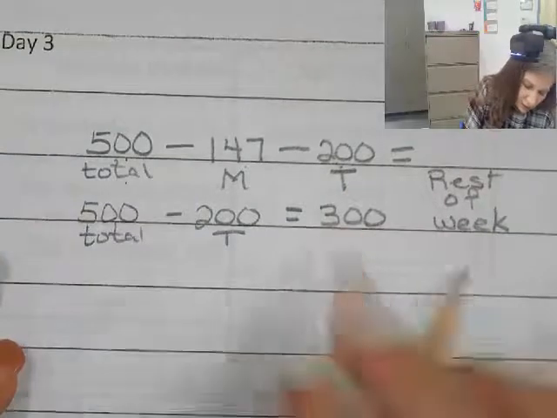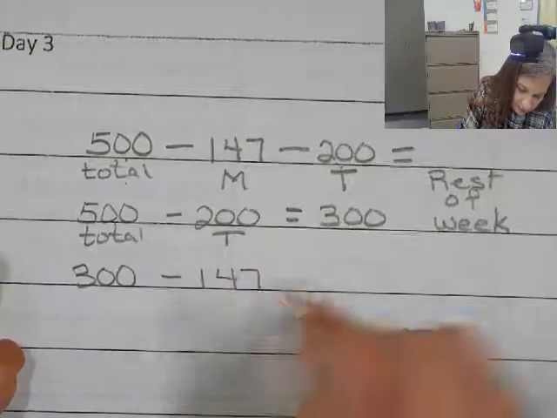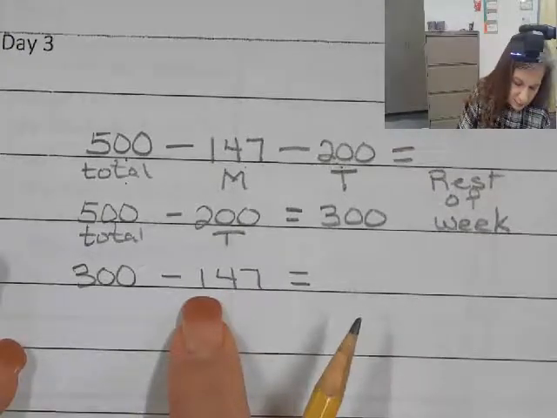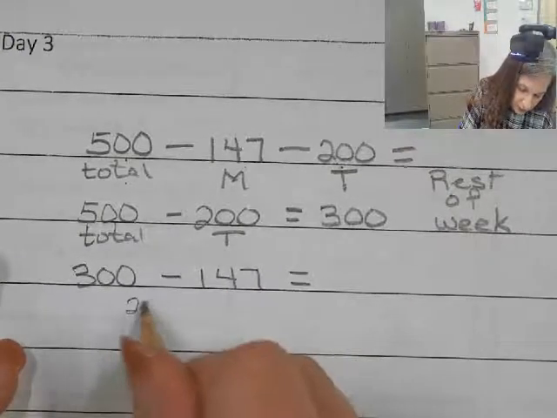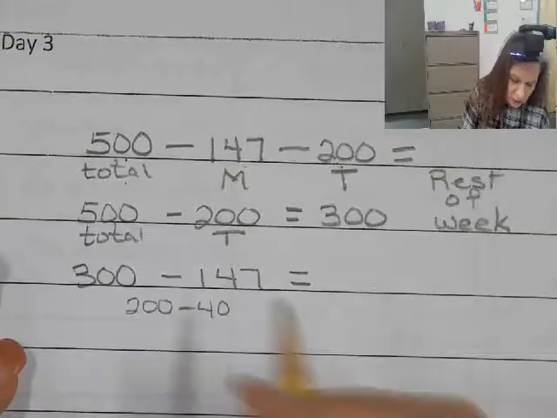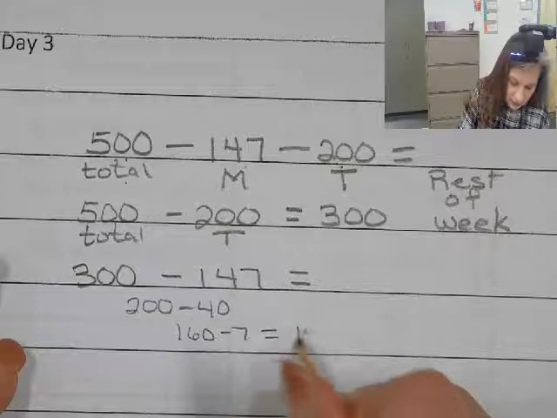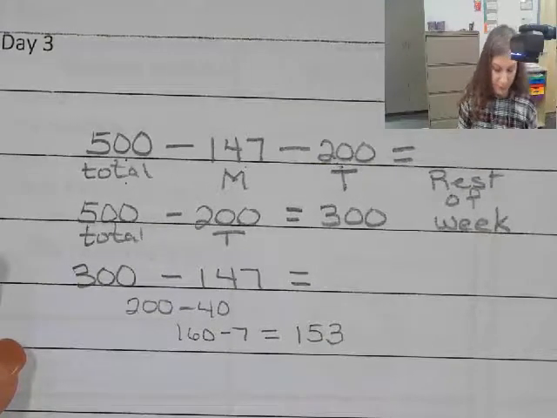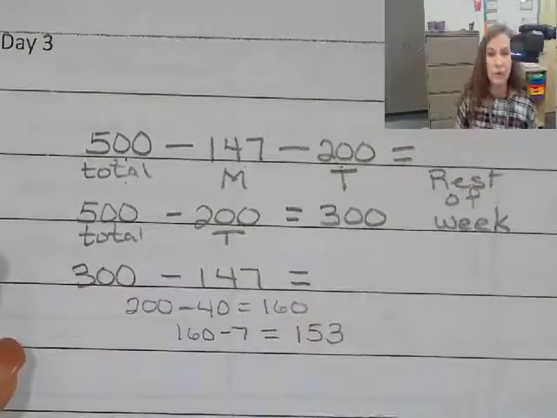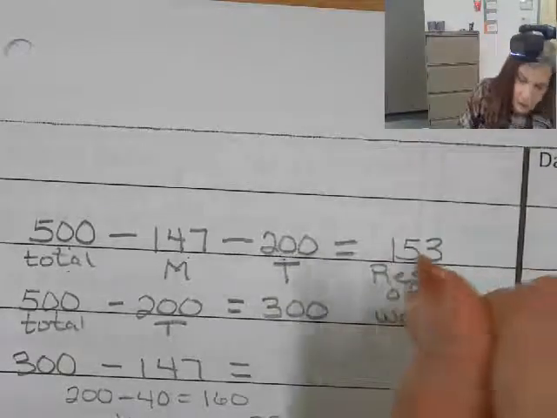So if I take what's remaining of the trip and subtract 147, then I could take my 300 minus my 100, which is going to give me 200. I could subtract 40 from 200, which is going to give me 160, and then I subtract 7, which should leave me with 153. Now, that I can place in my missing part of my equation.